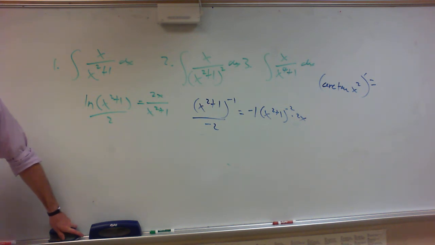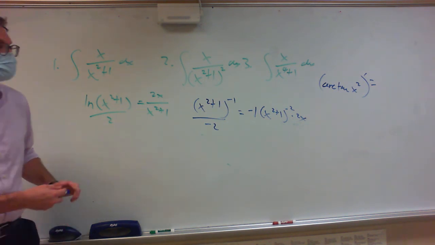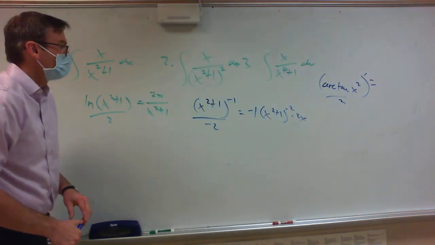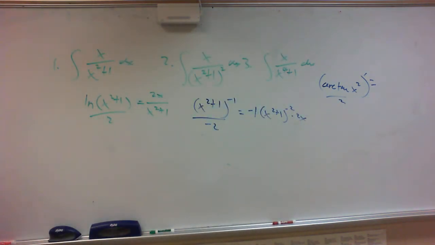Oh, I had two. So, integrals are mean. Do y'all see that? The answer to this is you got to divide by 2. Right? Integrals are mean. These look almost identical, don't they?